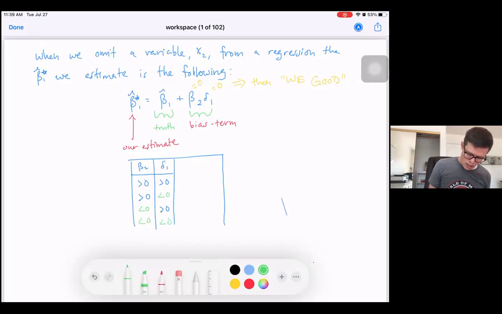Okay, so then the question is, what's the bias? Remembering that the bias is calculated by beta 2 times delta 1.